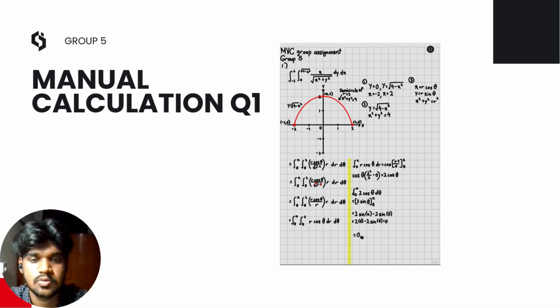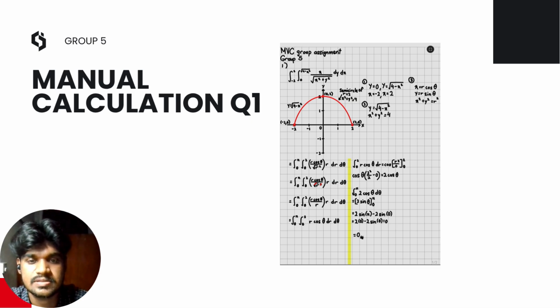The next step is the polar conversion. We use the standard polar substitution, x equals r cos theta, and square root of x squared plus y squared equals r. So our new bounds for this upper semicircle are r from 0 to 2 and theta from 0 to pi.